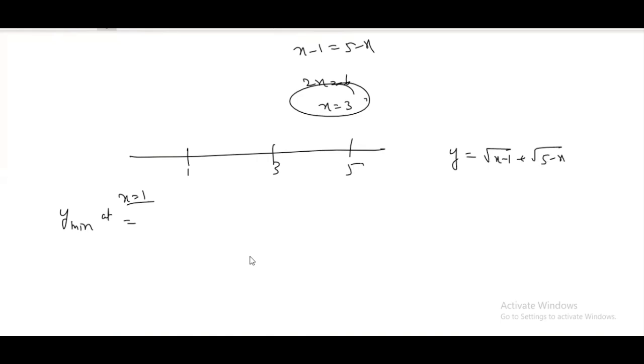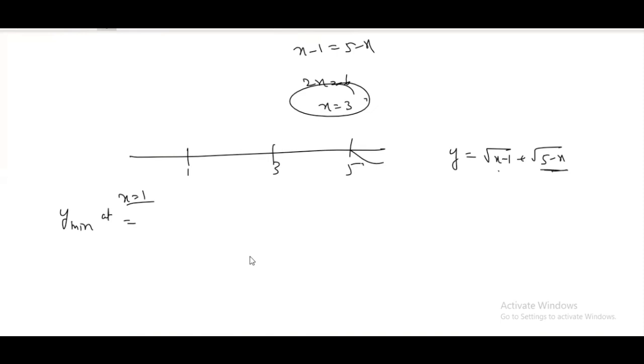If I substitute values greater than 5 here, what you'll get? You'll get a negative under the root, correct? So we cannot consider that. So for less than 5, that means more than 1, if you substitute.